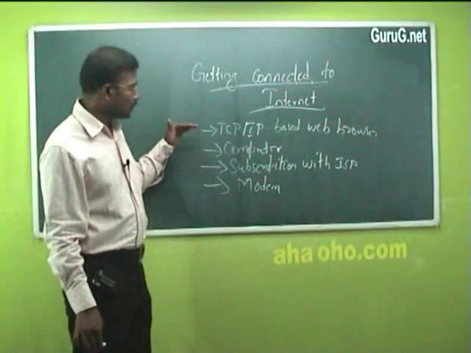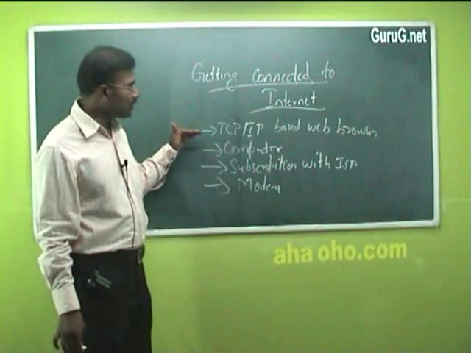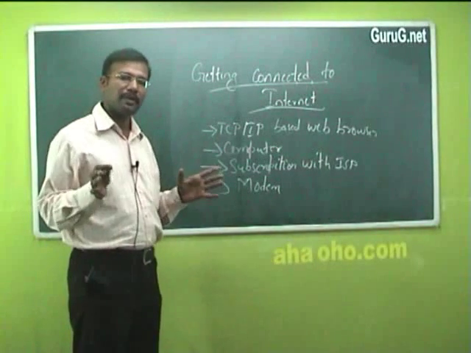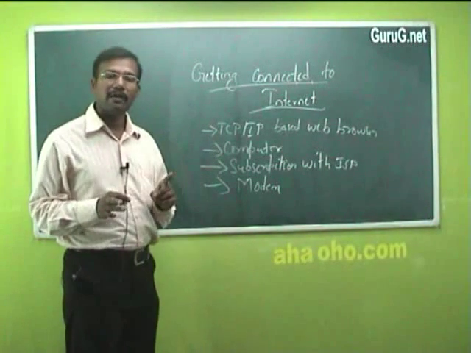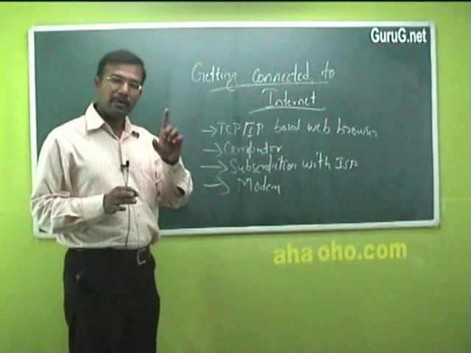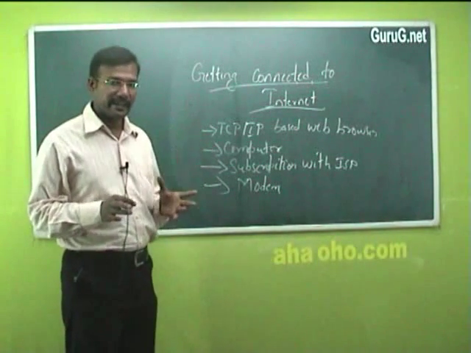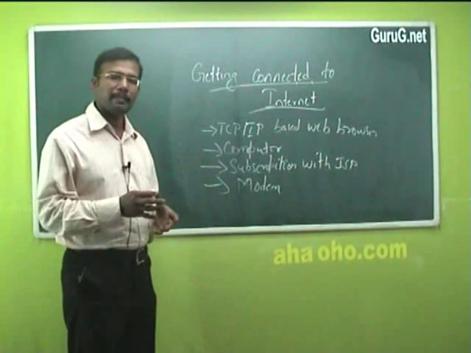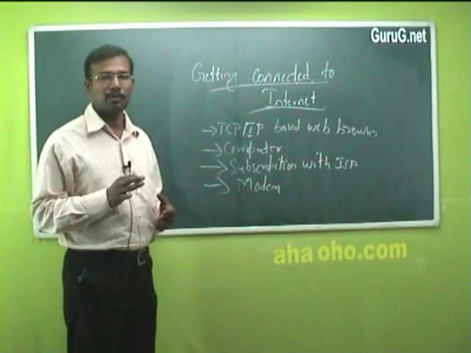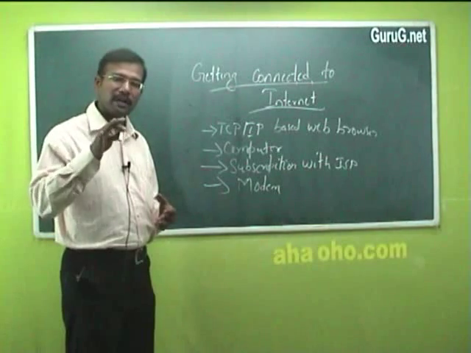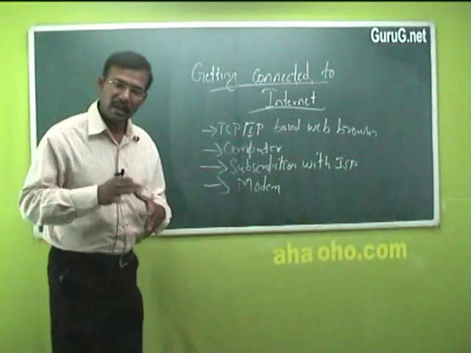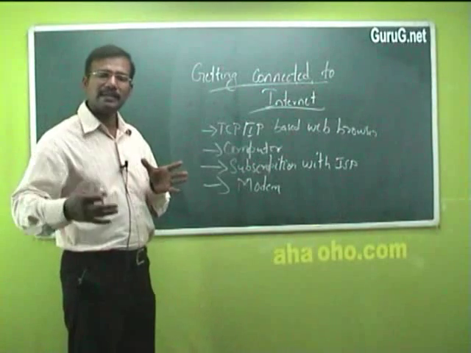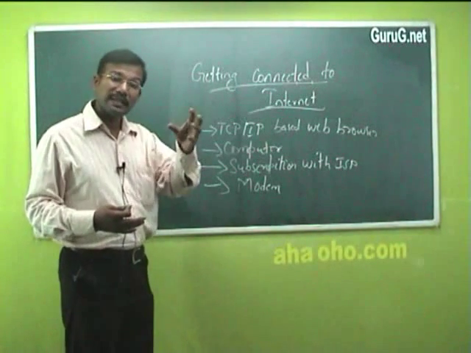Now, first we will see the computer requirements. You need to have a computer with basic features: either a COM port so that you can connect an external modem, or nowadays a motherboard which comes with an internal modem, or if you are using a connection like broadband or DSL, you can use the Ethernet card.